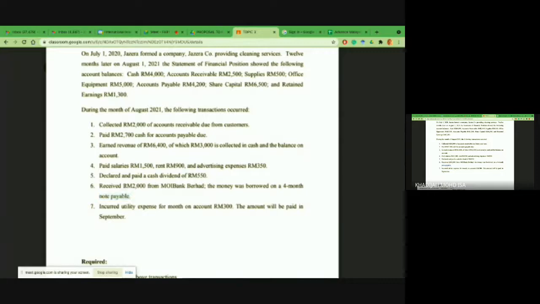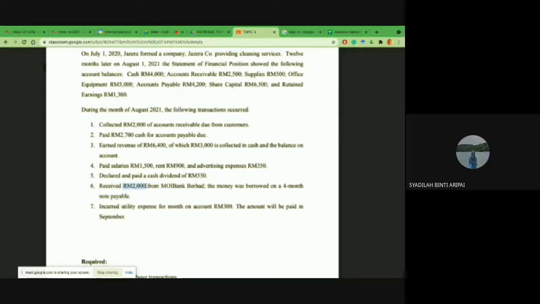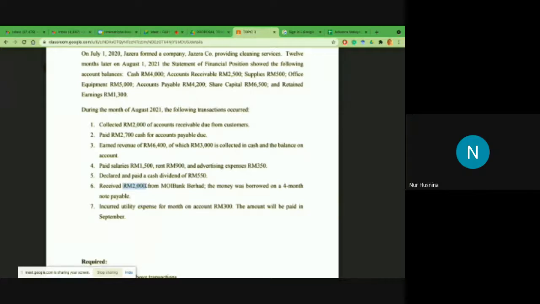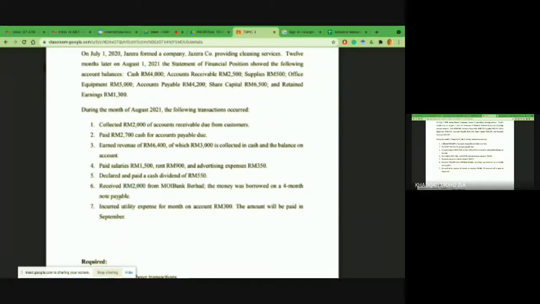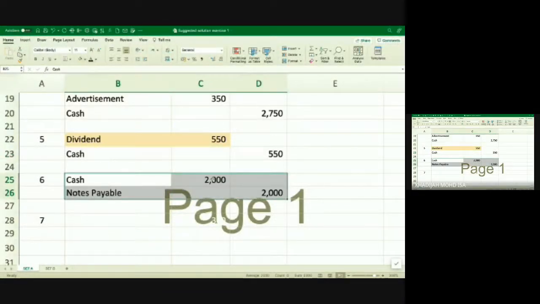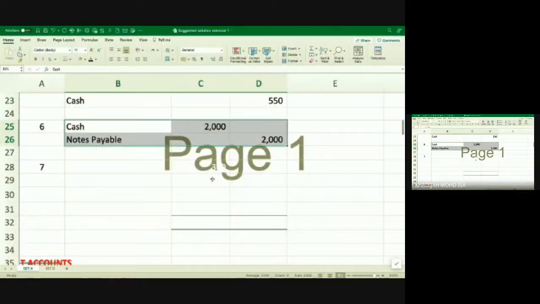What is it that you receive? Cash. So debit your cash, credit your note payable. So that's how you do it: debit your cash and credit your notes payable.